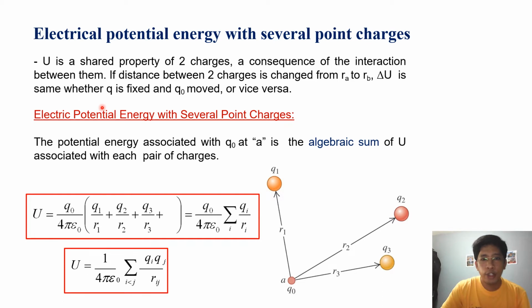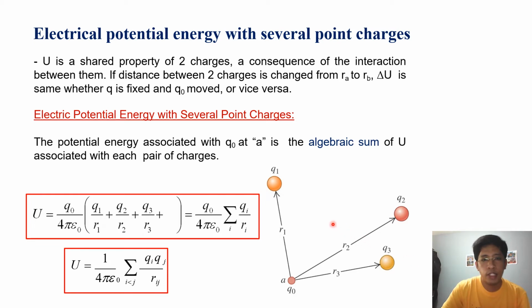If, for example, you have several point charges, that is, you have 3 or more charges, the potential energy associated with Q naught at A, if you have some Q naught here at location A, is the algebraic sum of U associated with each pair of charges. In this case, you have Q1, Q2, and Q3.